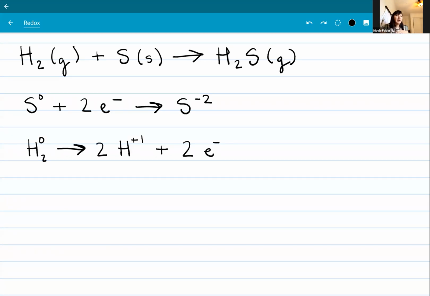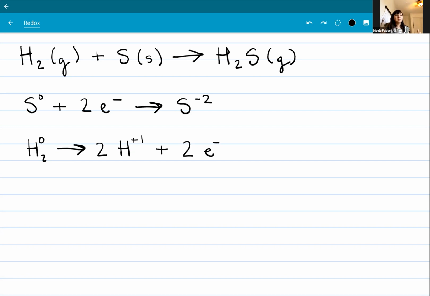These are called half reactions for obvious reasons and are how we can simplify a larger reaction into its component parts. Because S0 is getting reduced in this half, that is called a reduction half reaction. And likewise, the hydrogen half shown is an oxidation half reaction.